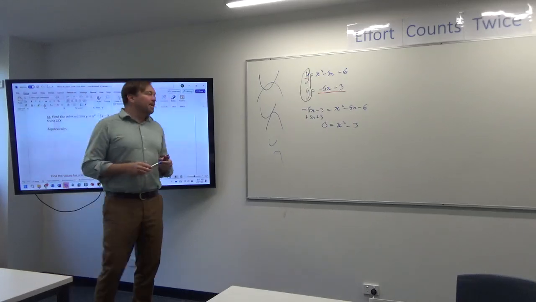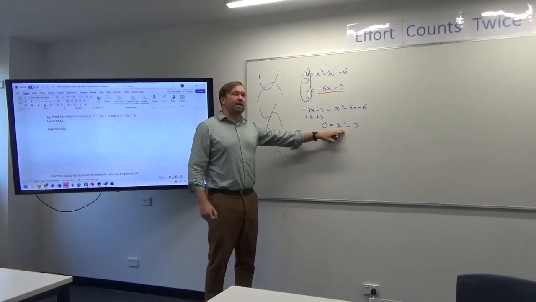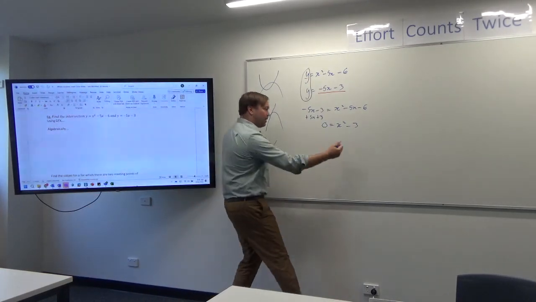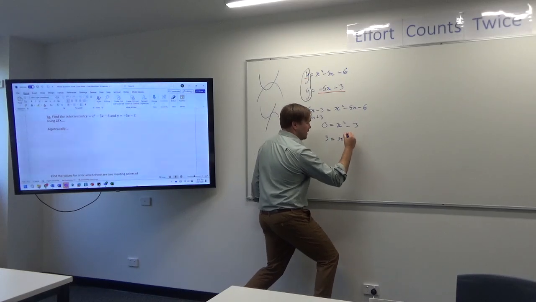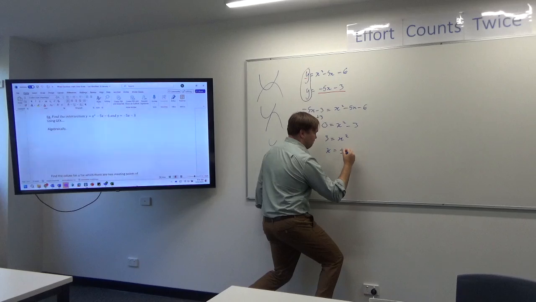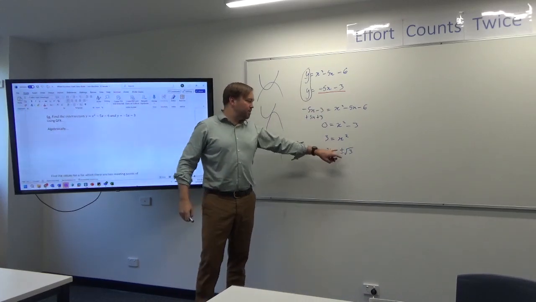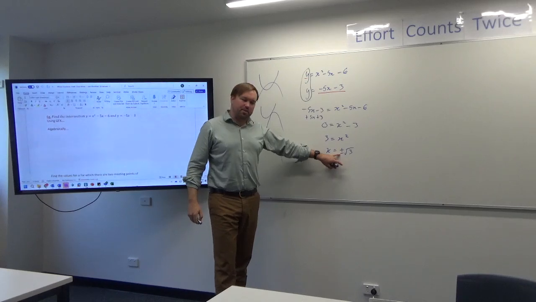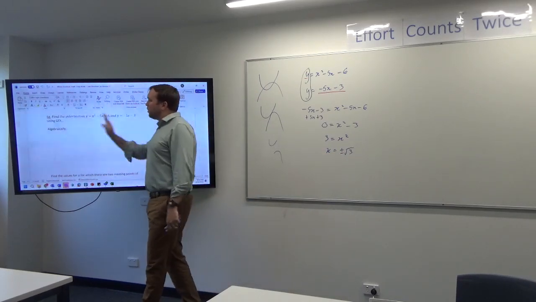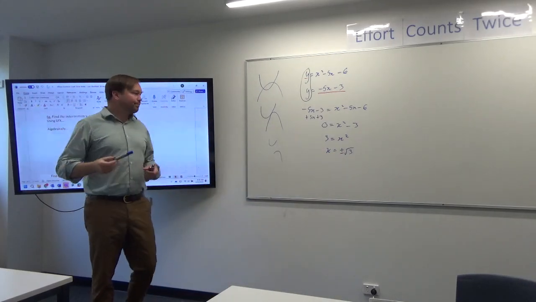But as it is, we can solve it straight away by adding 3 to both sides and then square rooting. Remember, when we square root, we need to generate that plus minus. And that's what we observed on the graph as positive and negative root 3.